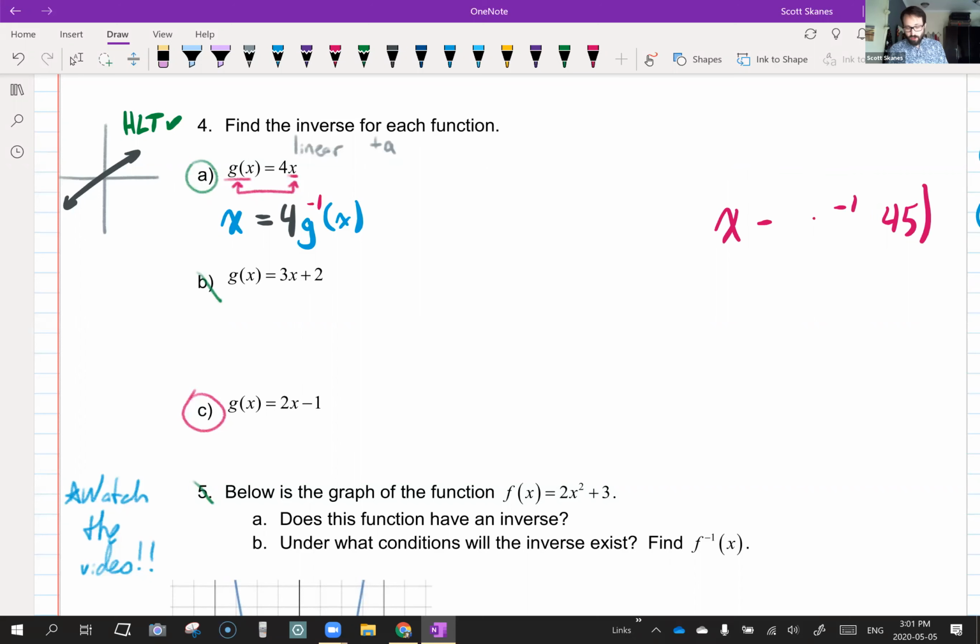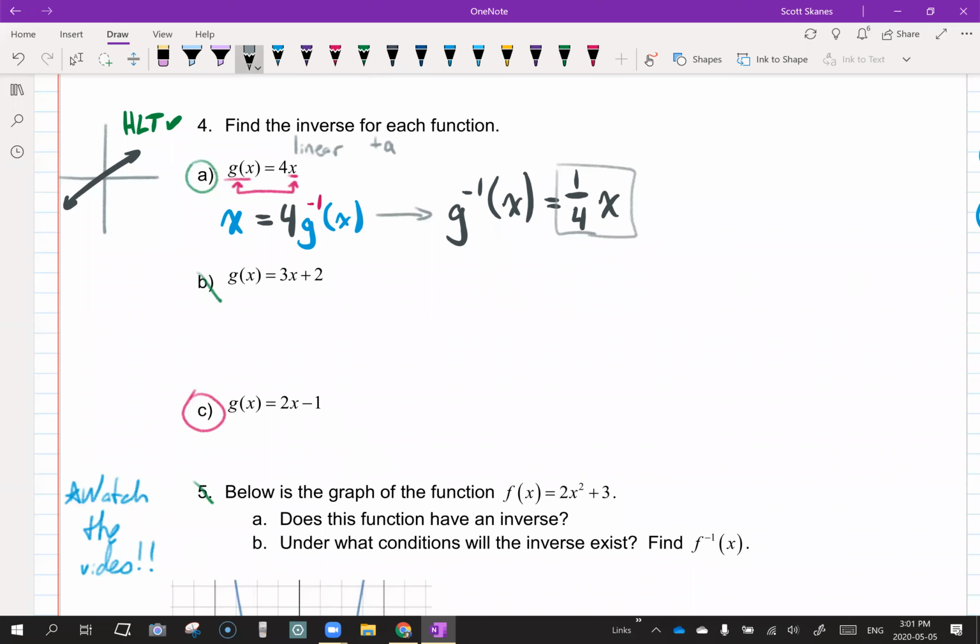It doesn't mean 1 over. Sometimes there is a division involved, which you just said. It is actually going to be that. When we solve this, divide both sides by 4, we get our answer. The inverse function is x/4. I'm going to say 1/4x because that's how I like to write it, but they mean the same thing. Yeah, that's what I said.